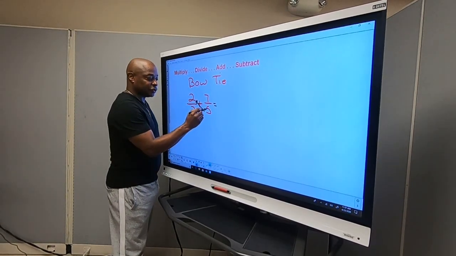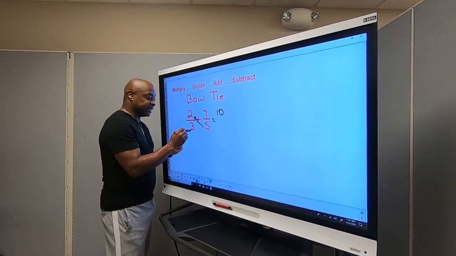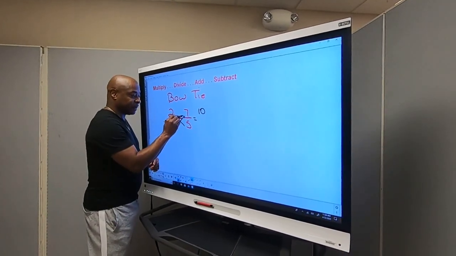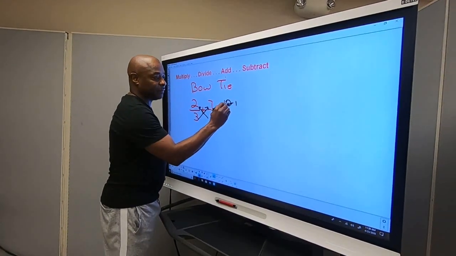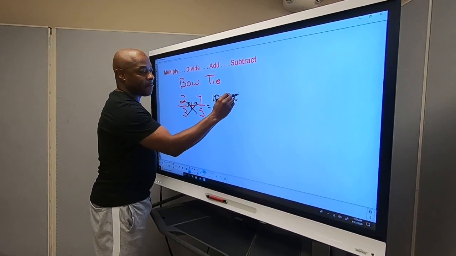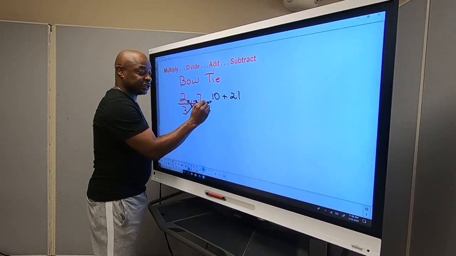So now, I know that 5 times 2 is what? 10. I will take this denominator and multiply it times this numerator. And I know that 3 times 7 is what? 21. Now, I'm adding, so I made my sign addition.